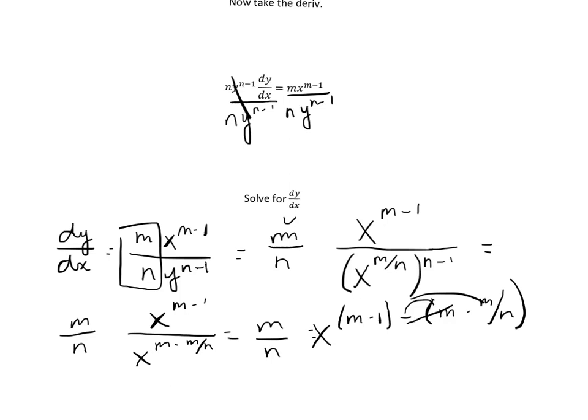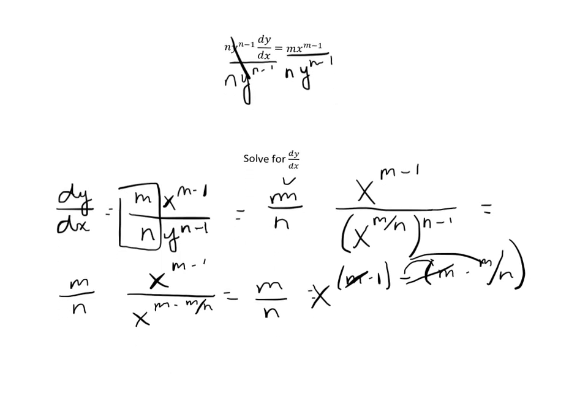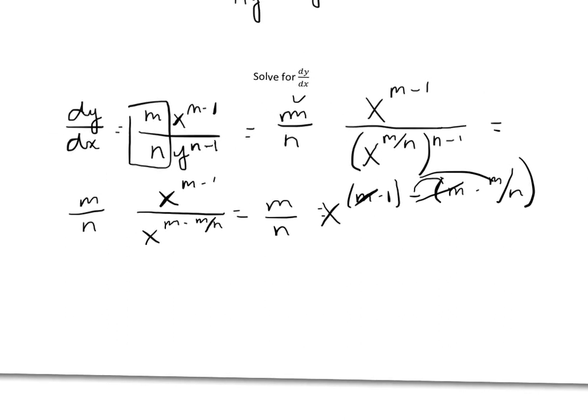So the m's are going to cancel. The m over n fraction on the outside remains the same. So what you're left with is x to the m over n power minus 1.